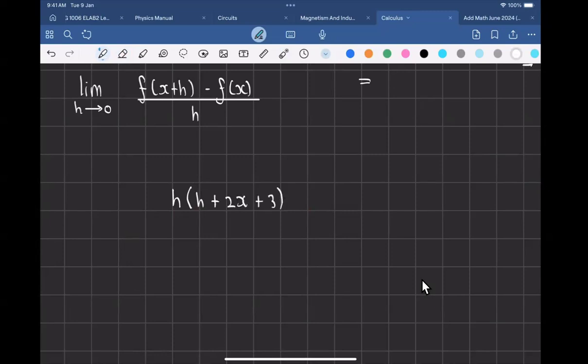Yeah, okay, that's it. And you see how we have h being multiplied by this whole thing? Now you could cancel because h is a product there on top. So the h on the bottom will cancel off with the h outside. Yes.